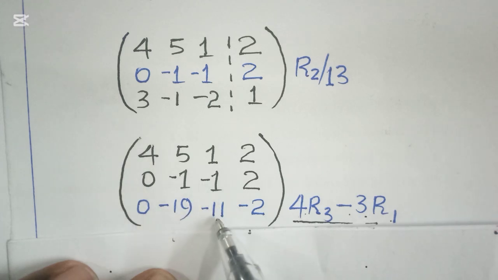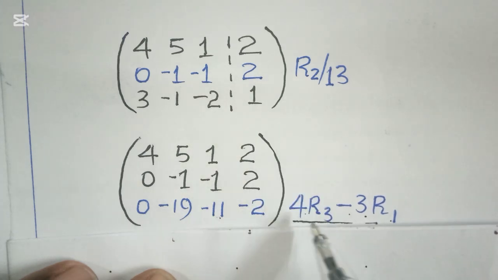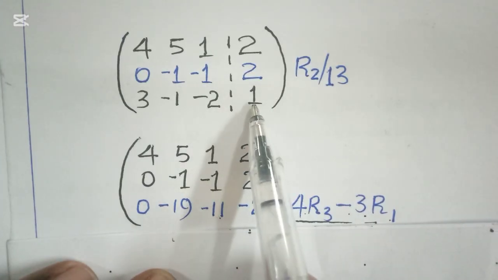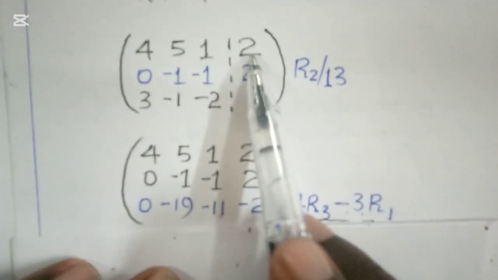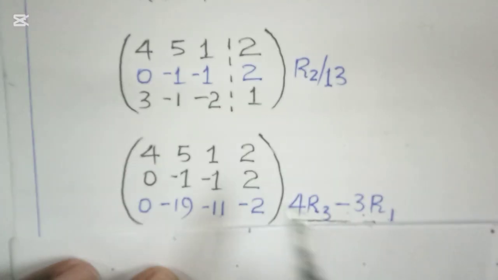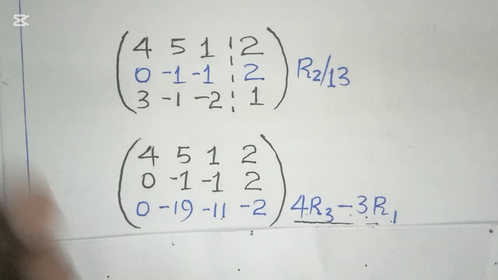We do the same for this number. For row 3, which is 1, that is 4, minus 3 multiplied by row 1, that is -6, so 4 minus -6 gives us 10.